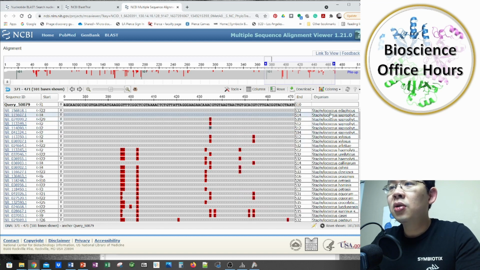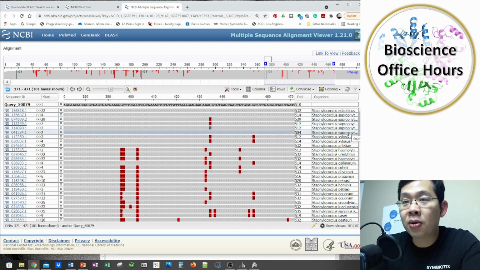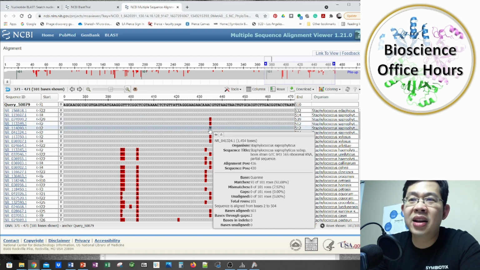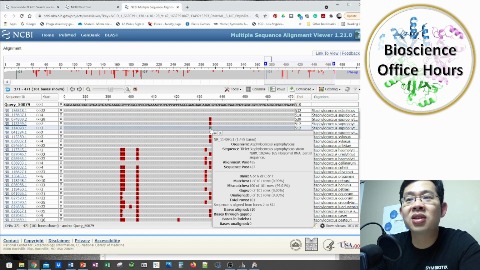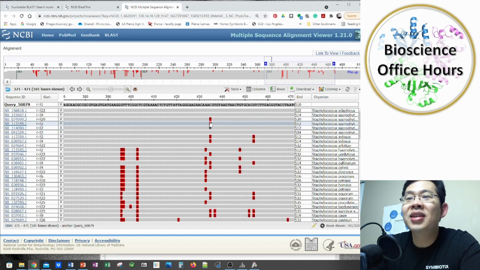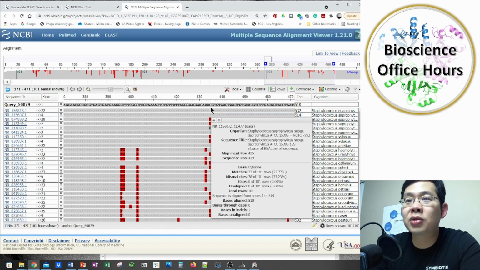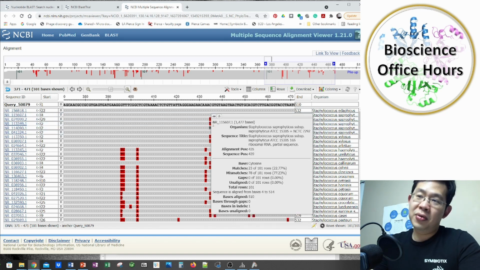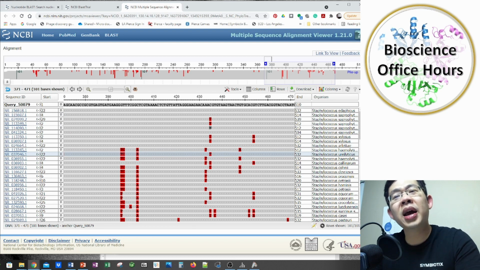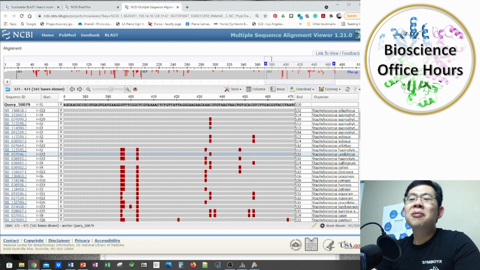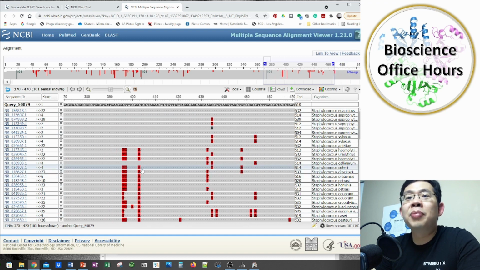You have 1, 2, 3, 4, 5 Staphylococcus saprophyticus, and some of them have differences, like this N here, probably because their sequencing is not perfect. But there's the Y and the T over here, and there's the one that actually matches ours, which is a C. So you can see that even within the same species you may have variability, but it's not much, right? It's just 1 out of 500 base pairs right here.